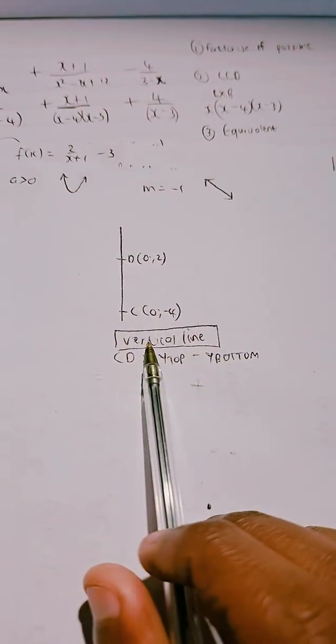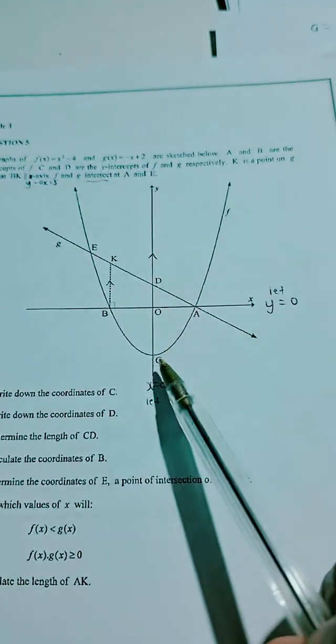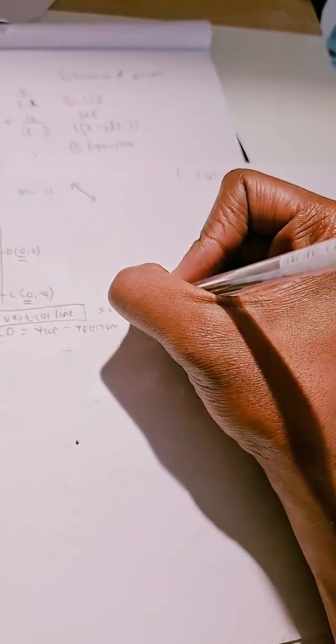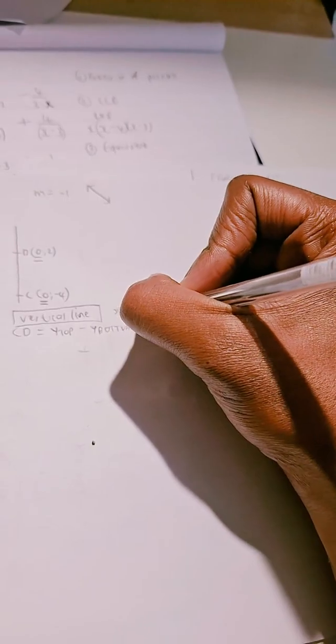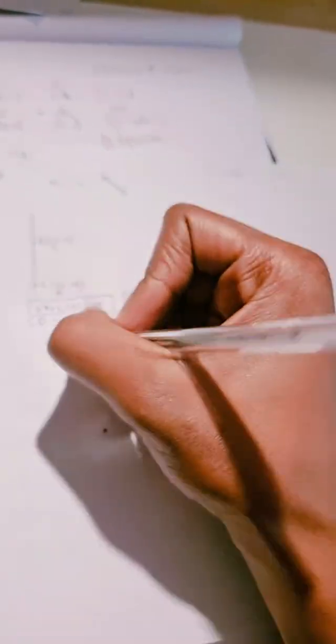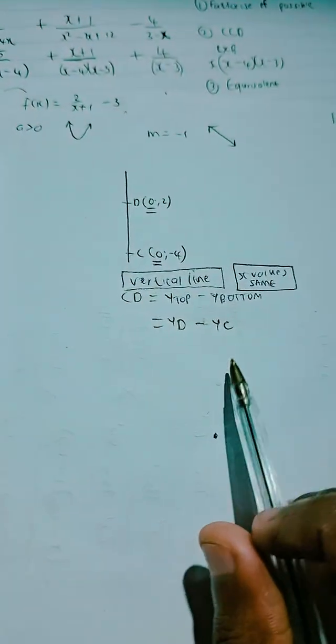Especially, guys, we can apply this with a vertical line. Remember, D and C lie on a vertical line. In other words, what do we see here? X values are the same. If your x values are the same, it's easy to just take your y value at the top, which is the y value of D, minus your y value at the bottom, which is your y value of C.